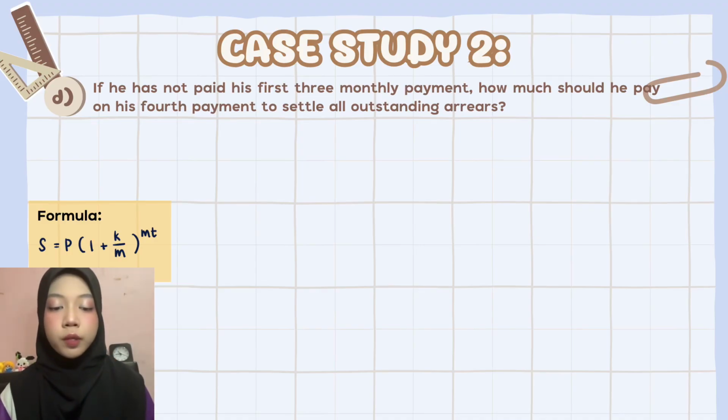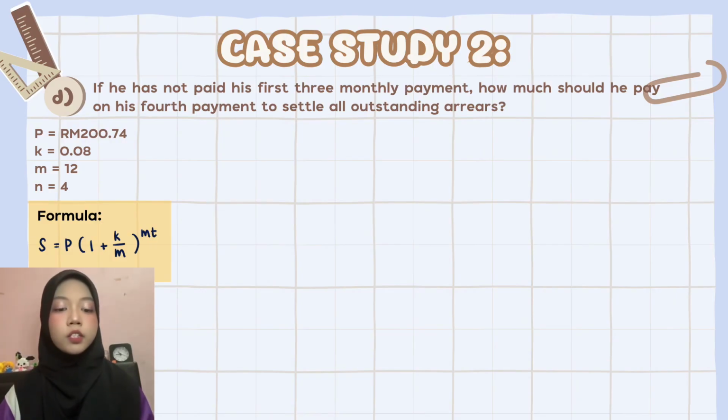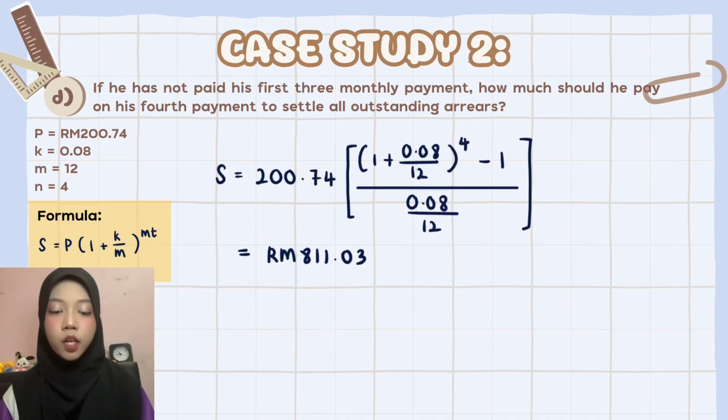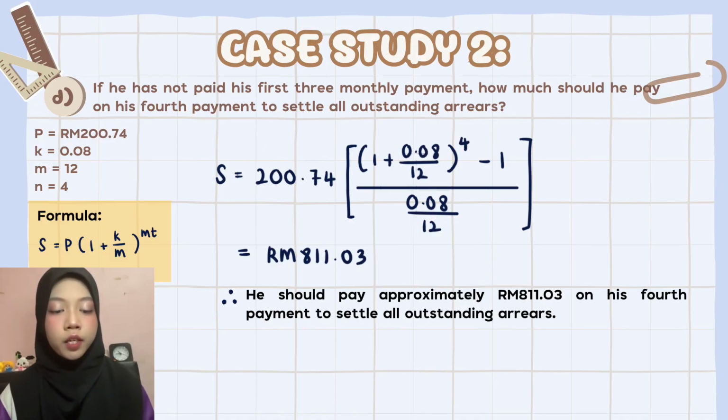So, our P now is RM 200.74 and our K is 0.08, and substituting the values into the formula, we will get RM 811.03, meaning on the 4th month, he should pay 811 ringgit and 3 cents to settle all outstanding amounts.